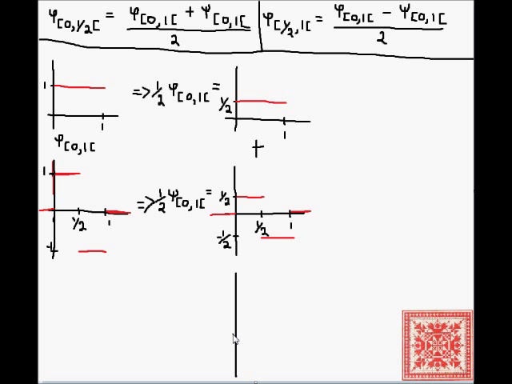Okay, so when we add that, we're going to get half plus half on that interval, which gives us 1. Okay, this is half, this is 1. Let me grab the red color. So half and half will give us 1.